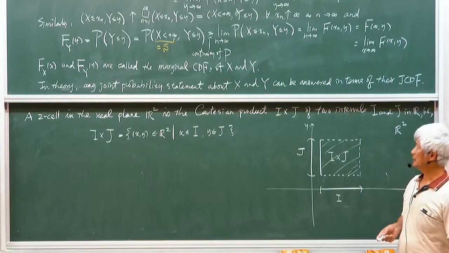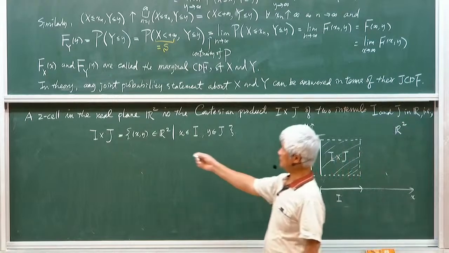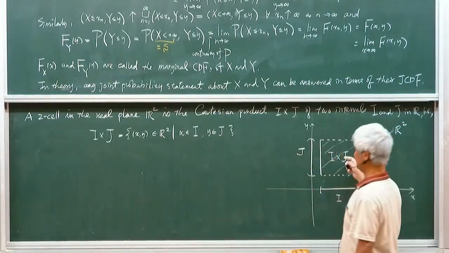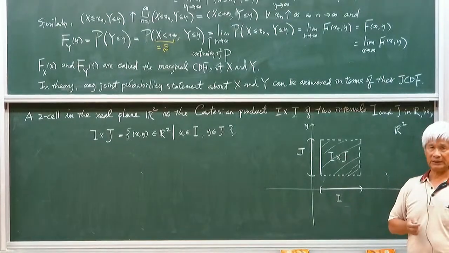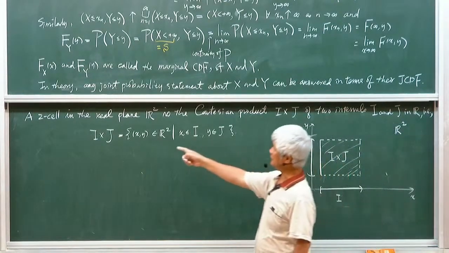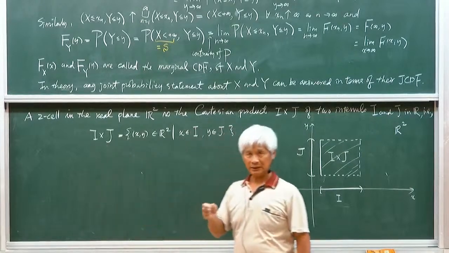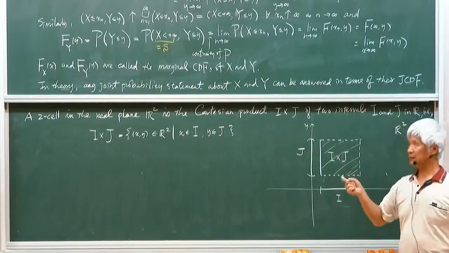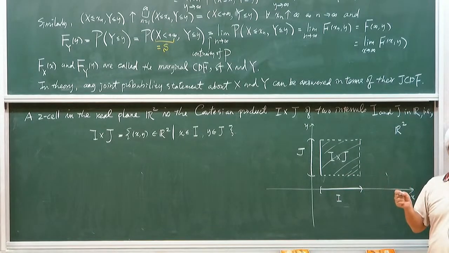And if both intervals are finite, then the two-cell is a finite rectangle. But if either I or J is an infinite interval, then of course the corresponding two-cell would be an infinite rectangle.